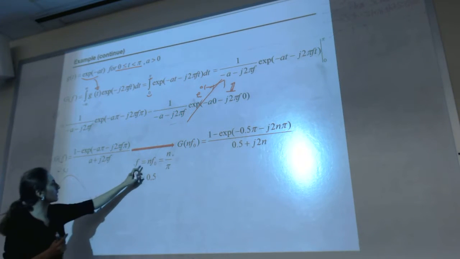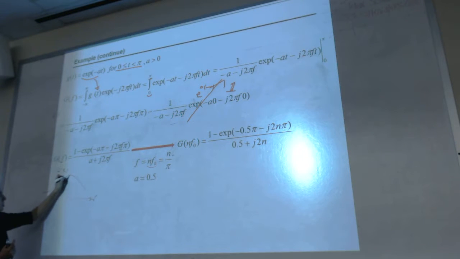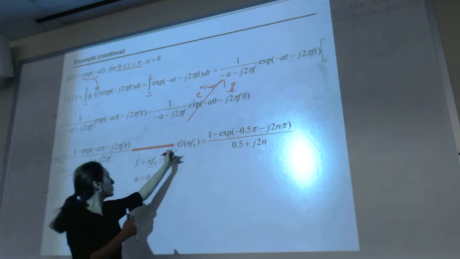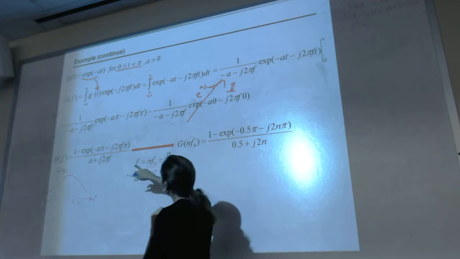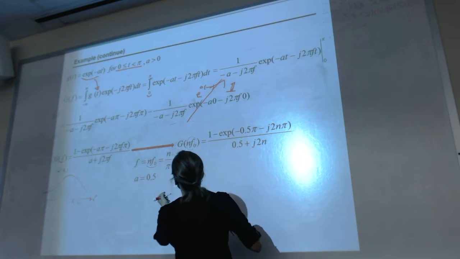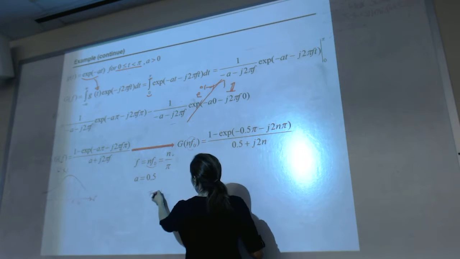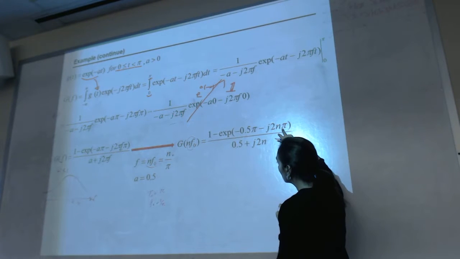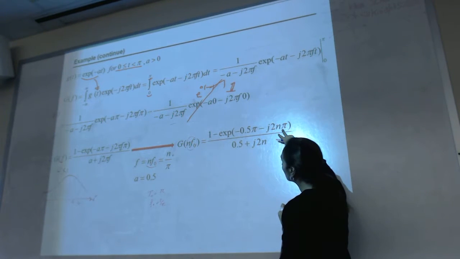So just look at the multiples of f naught, n f naught, meaning 0, f naught, 2 f naught, etc. So instead of f, just put n f naught. And f naught happens to be, T naught is pi, so f naught is 1. So you just put here n times f naught.